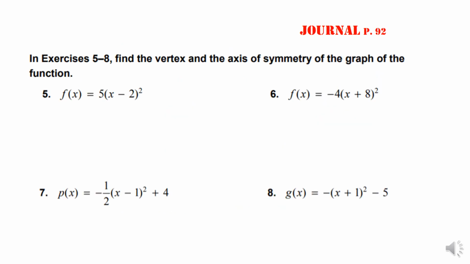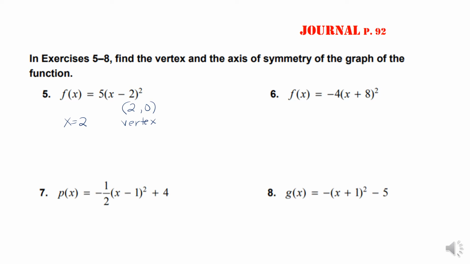Okay, so in exercises 5 through 8, we're going to find the axis of symmetry. So first thing I notice is that I have a 2, and I don't have plus anything, so my axis of symmetry is x equals 2, and my vertex is (2, 0).